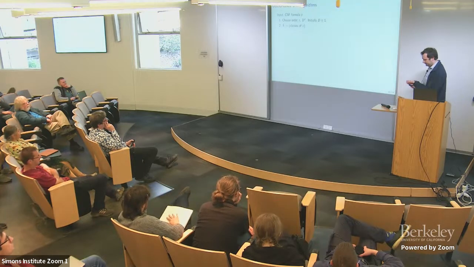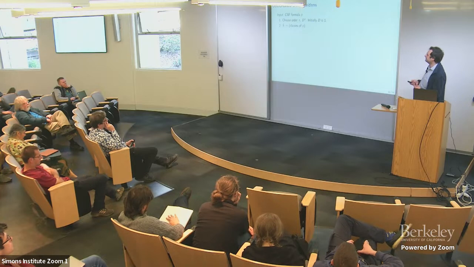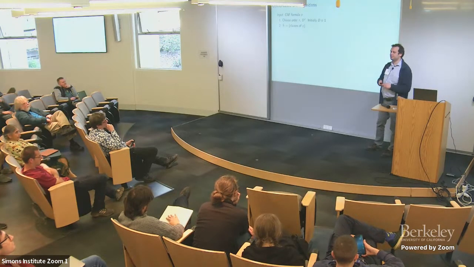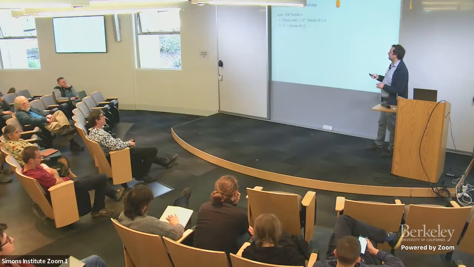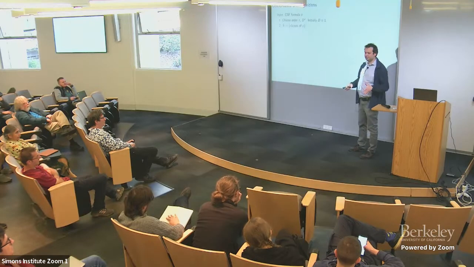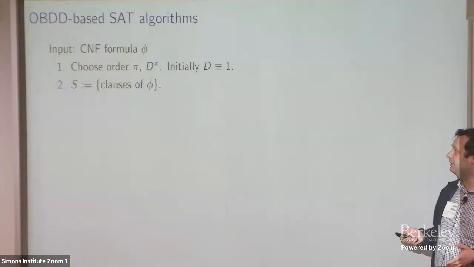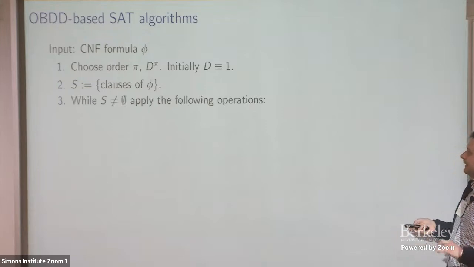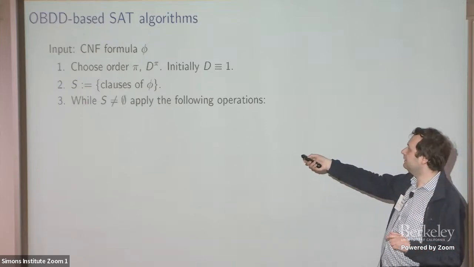Okay, and now I will say some words about OBDD-based algorithms. The goal is to just solve the satisfiability problem, and consider the following algorithm that has an OBDD in some order.